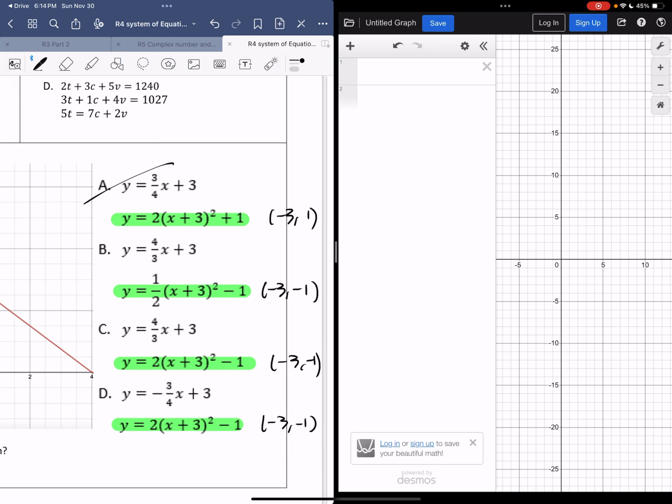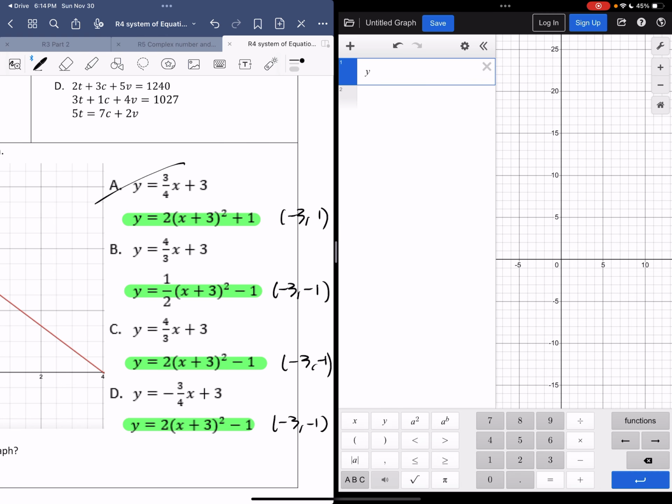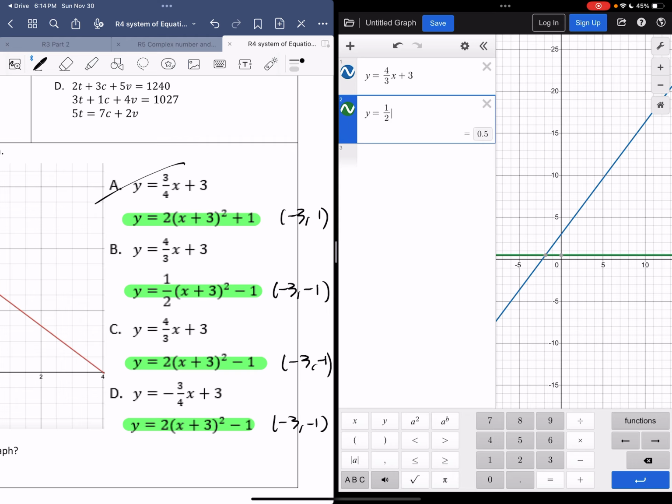So B is what? y equals 4/3 x plus 3, and y equals 1/2 (x plus 3) squared minus 1.